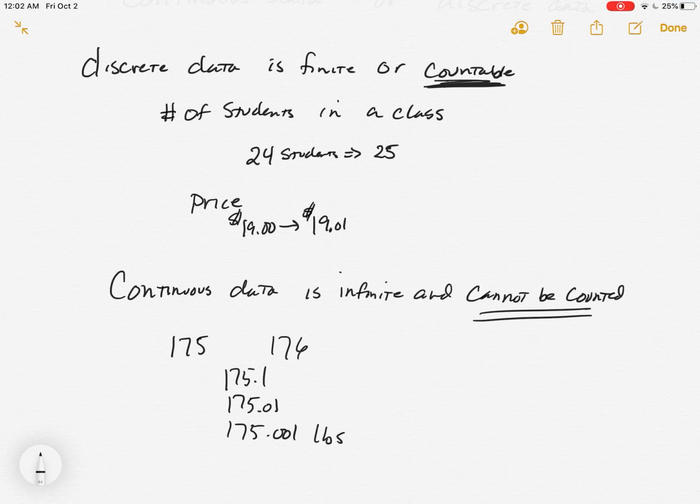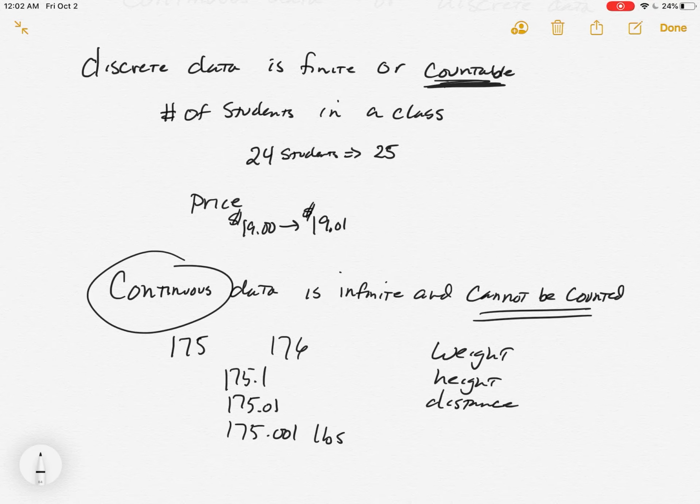And so things like weight, height, distance, those are all continuous. Any one of those is continuous because you can theoretically measure it to the infinitesimal degree. I apologize, I might have said discrete just a minute ago. All three of these are examples of continuous data.